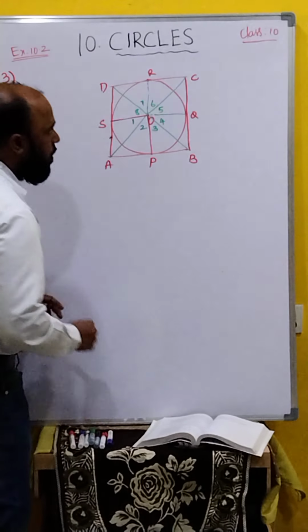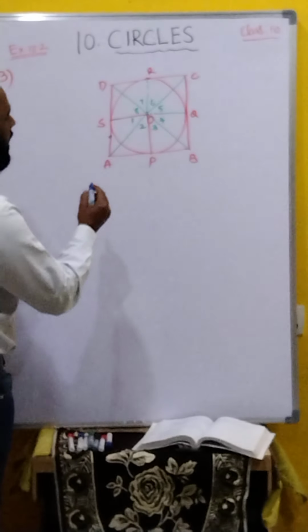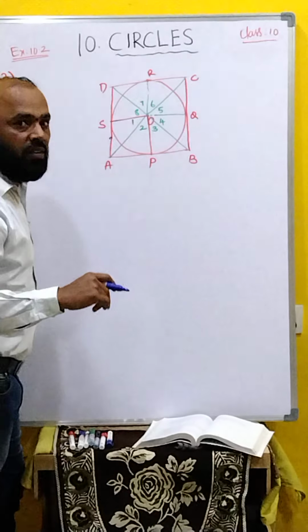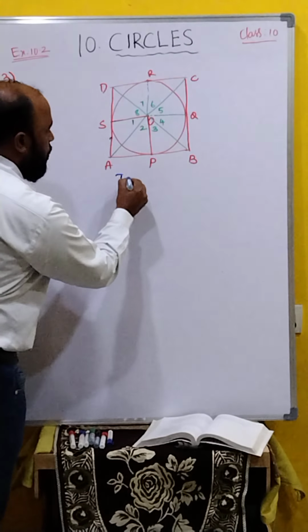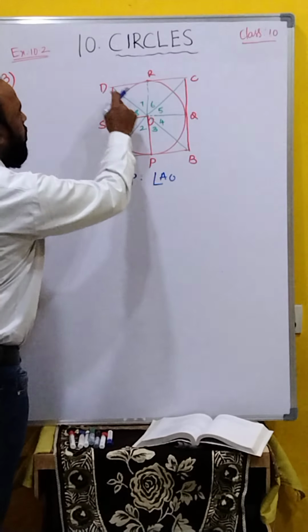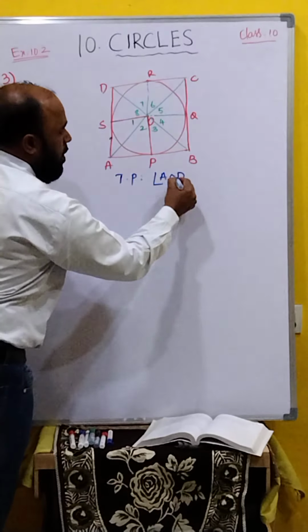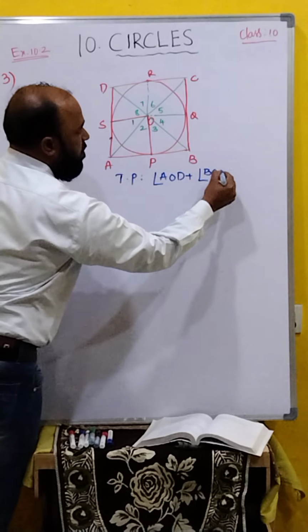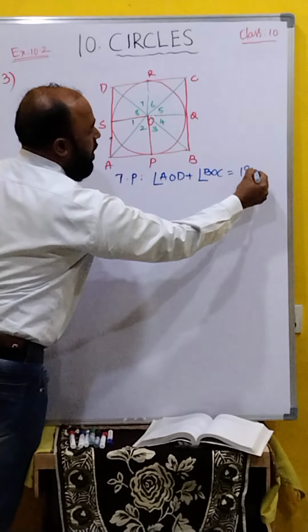Now finally what we have to prove is angle AOD and angle BOC, sums of opposites are supplementary. We have to prove that. To prove angle AOD plus angle BOC is equal to 180 degrees.